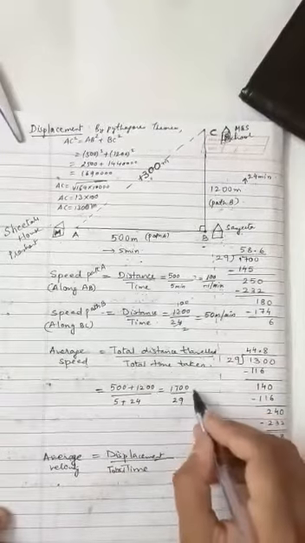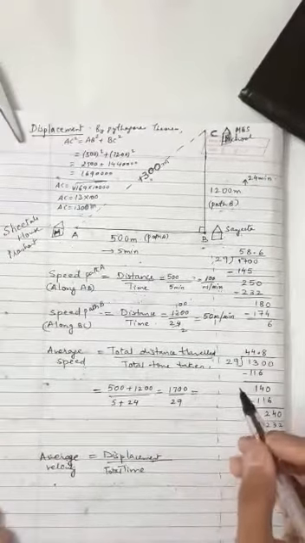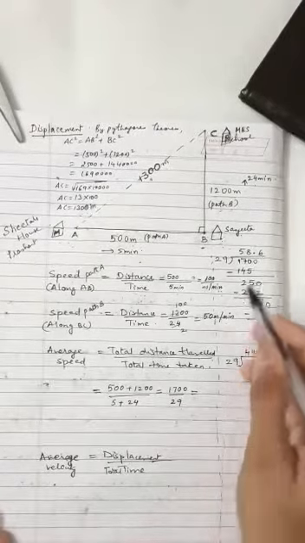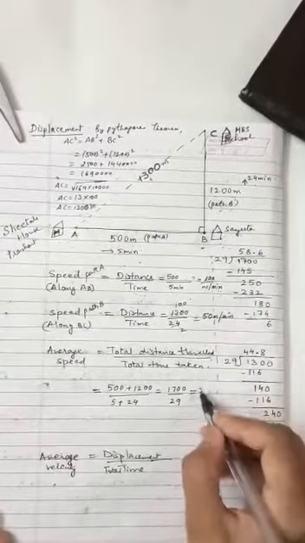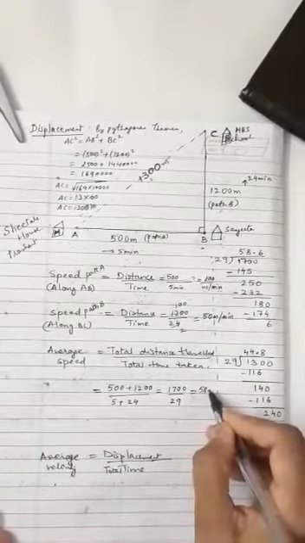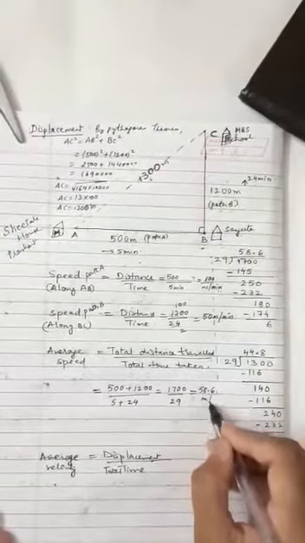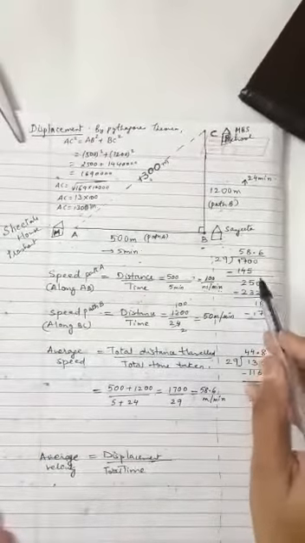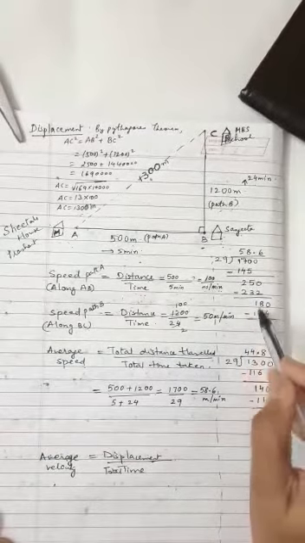So in order to find the average speed, I need to divide 1700 by 29, which is already divided and kept for you, and it comes to be 58.6 meters per minute.